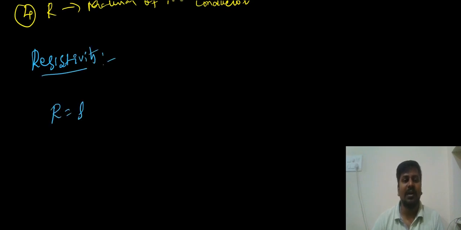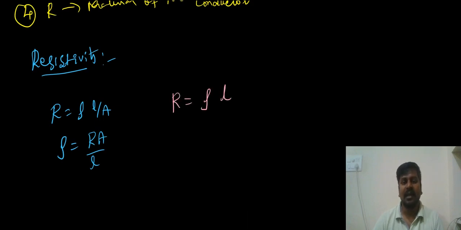R equal to rho into L by A. So rho equal to R into A by L. You can cross multiply, then you will get the answer. So rho equal to R into A by L, right? Clear? Understood?